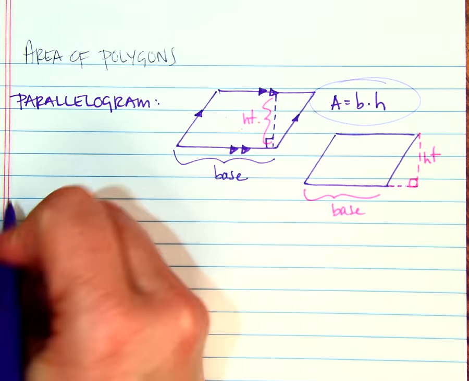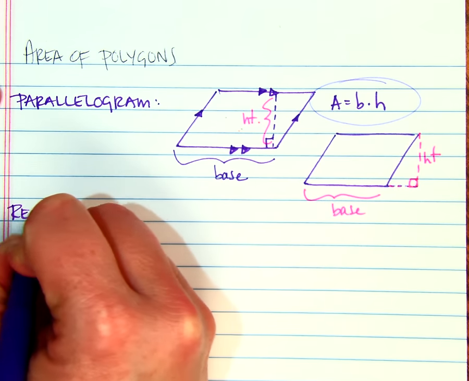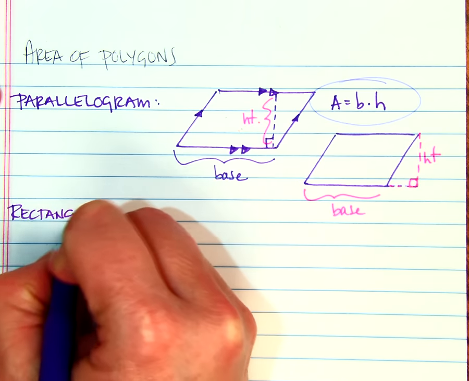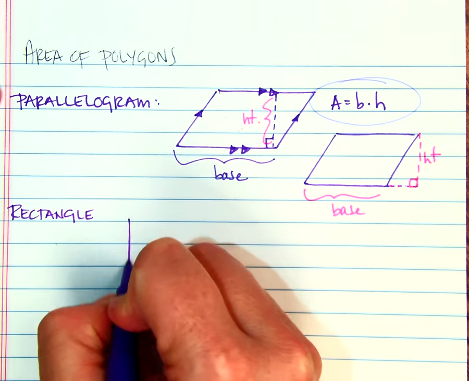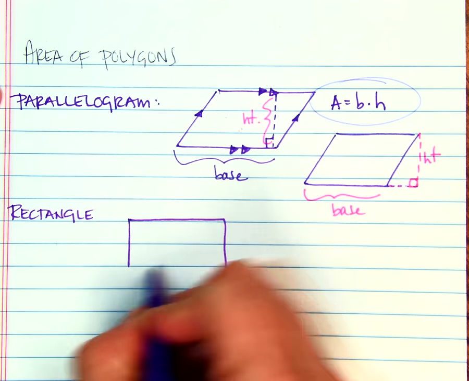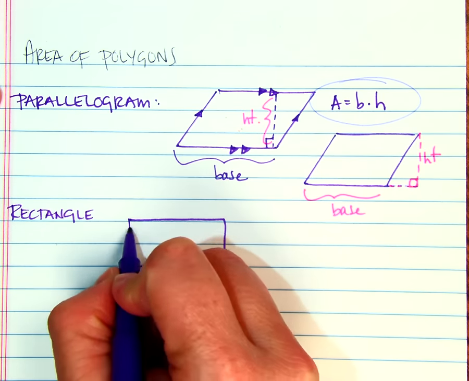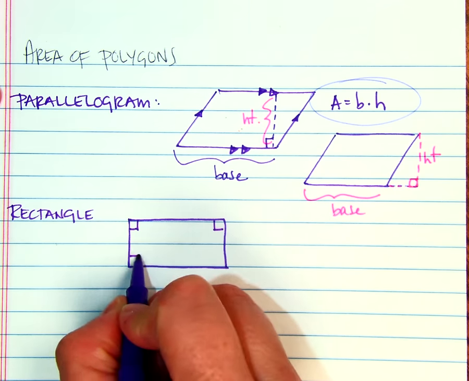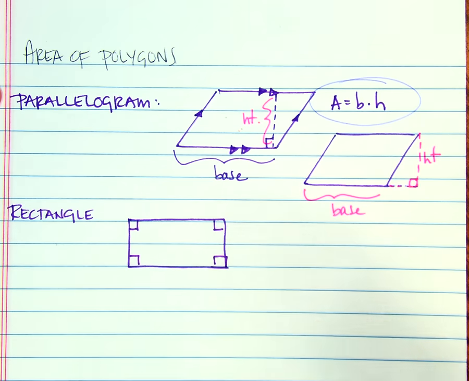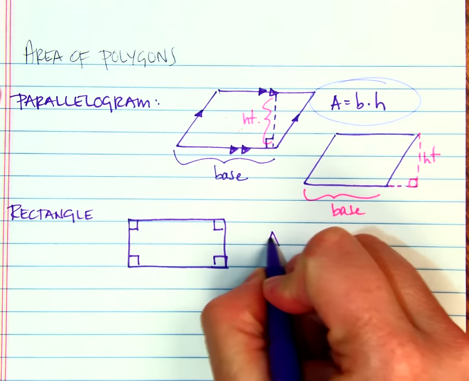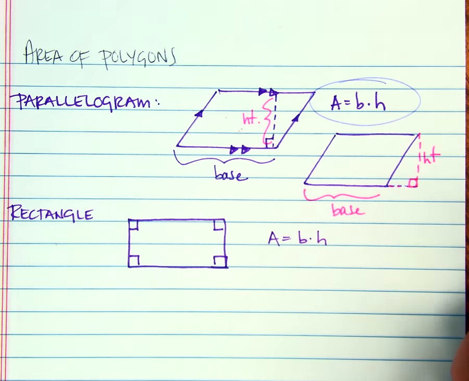Let's move on to a rectangle. So a rectangle is a parallelogram. Rectangle also has the characteristics of 4 right angles. And the formula is still the same. It is base times height.